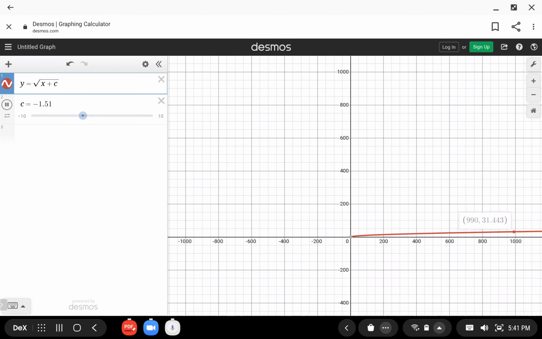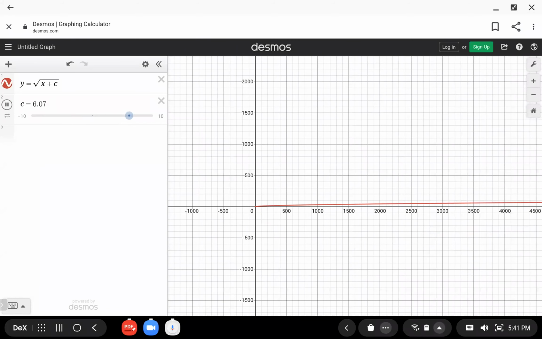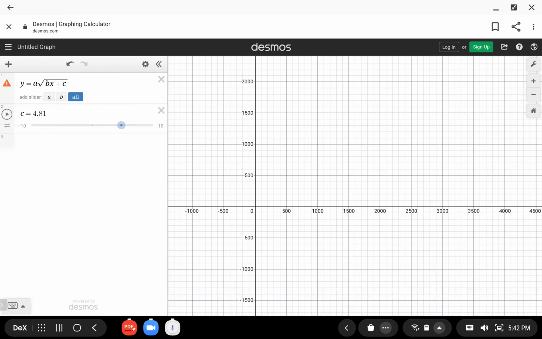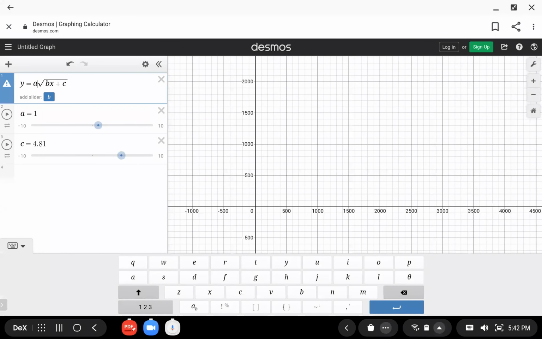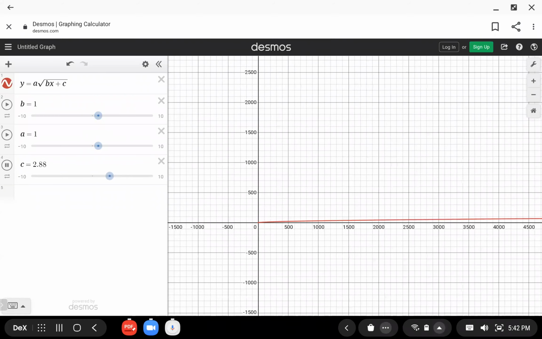Hold on, what the heck is happening here? This is rigged. I'm gonna try adding A and B and all that good stuff. See if that works now. Actually, that still doesn't work. It still doesn't work. What is this piece of crap doing?